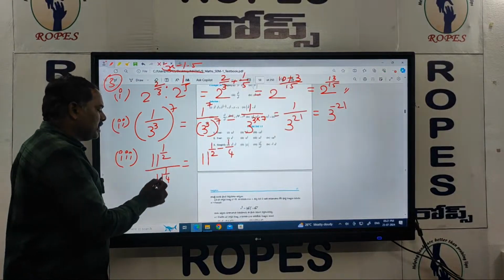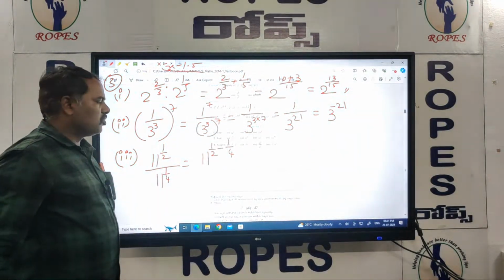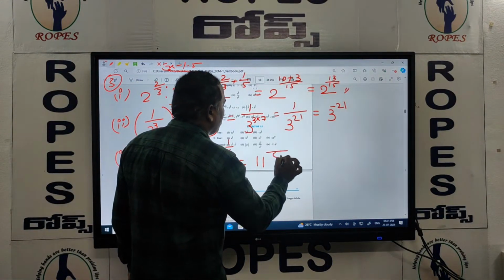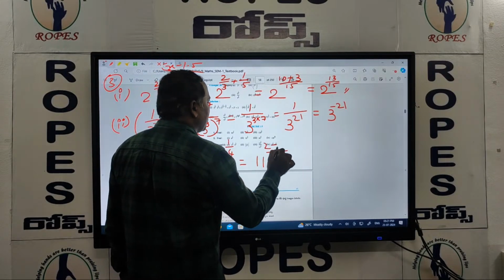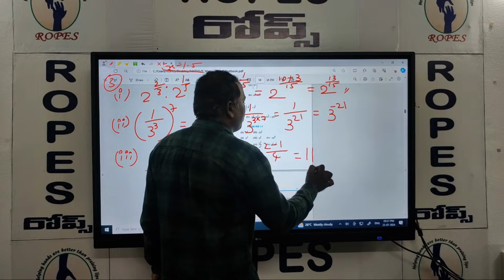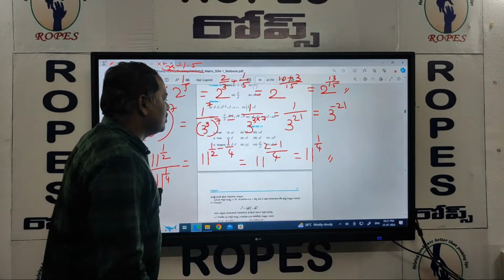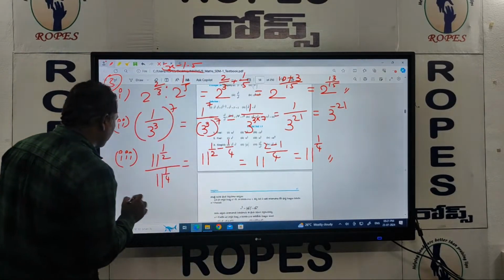So here 1 by 2 is more than 1 by 4. Now the LCM of 2 and 4 is 4. Then 2 2s are 4, then 2 1s are 2, minus 1. Then we can write 11 power 1 by 4. This is the answer.